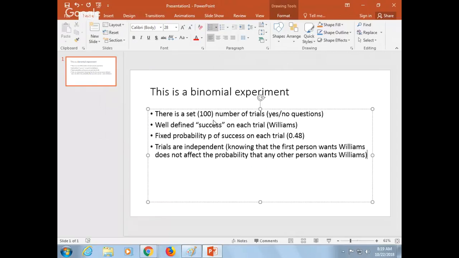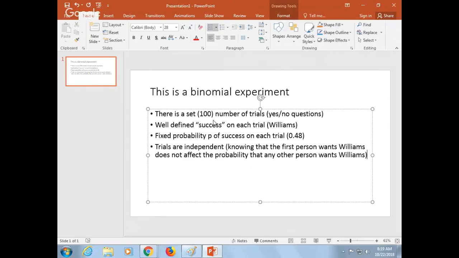The key error people tend to make is this: let's say we're on the phone, and let's say we get a streak, because it can happen. Call up someone, who are you voting for? Williams. Call another person, who are you voting for? Williams. It keeps going, Williams, Williams, and maybe we had 6 or 7 Williamses in a row.